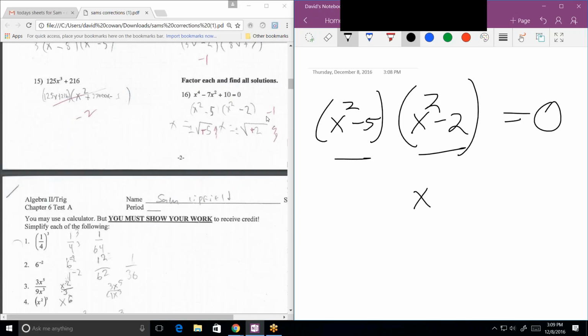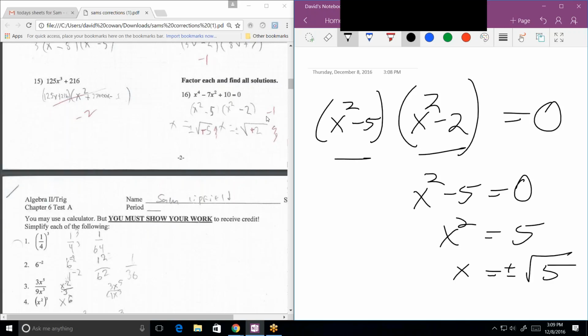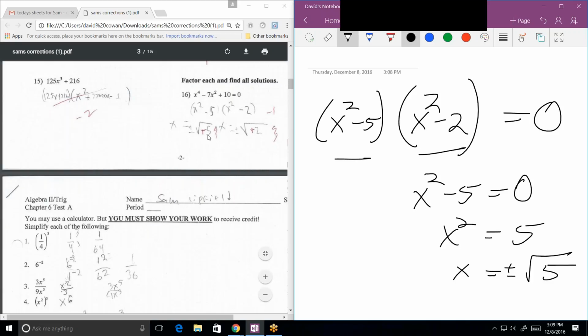So if I say x squared minus 5 equals 0, that means x squared equals 5. That means x equals plus or minus the square root of 5. And you got very, very close. You got x equal plus or minus the square root, but you put a negative 5.